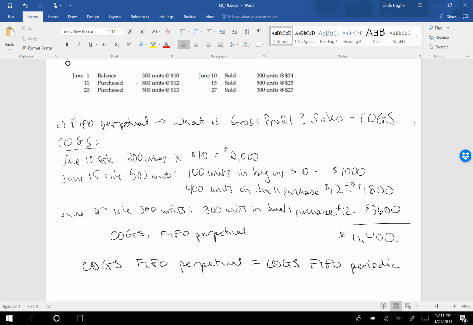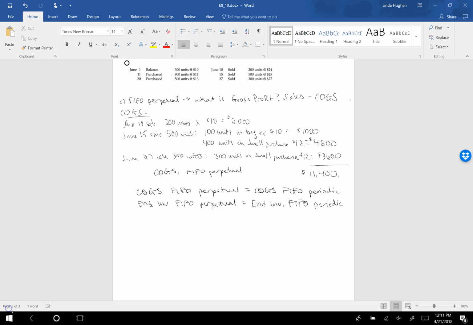We can just do this as if it's the end of the period, just like we did earlier in part A. And same thing, of course, for ending inventory under FIFO perpetual. We can just use that much simpler method, ending inventory under the FIFO periodic. This is not the case for LIFO, but it is the case for FIFO.